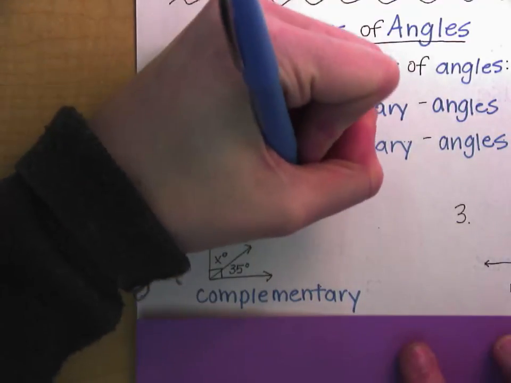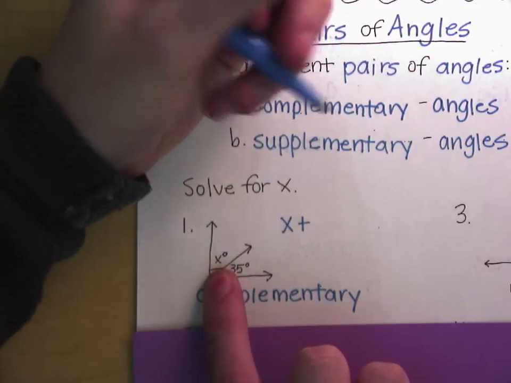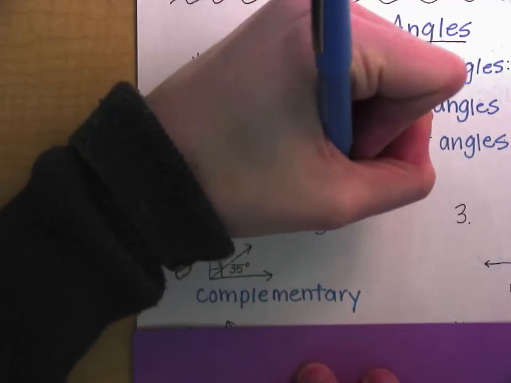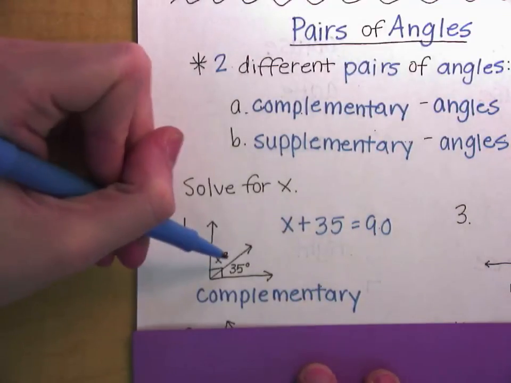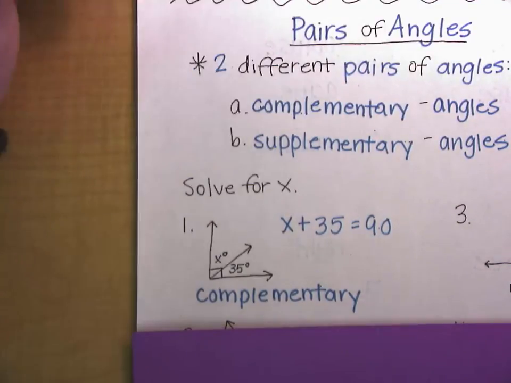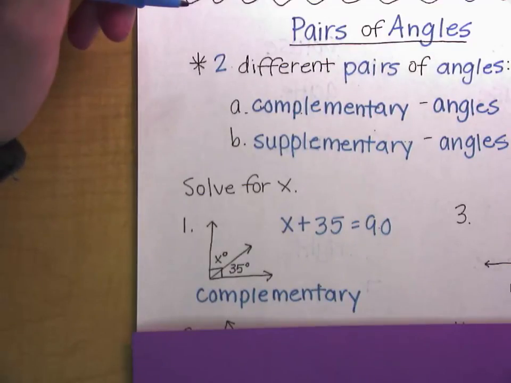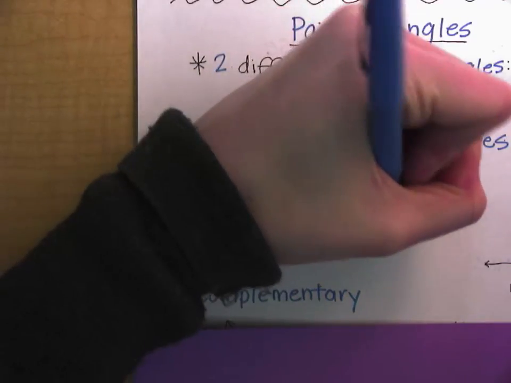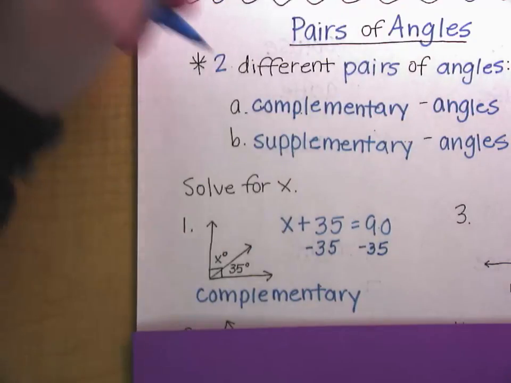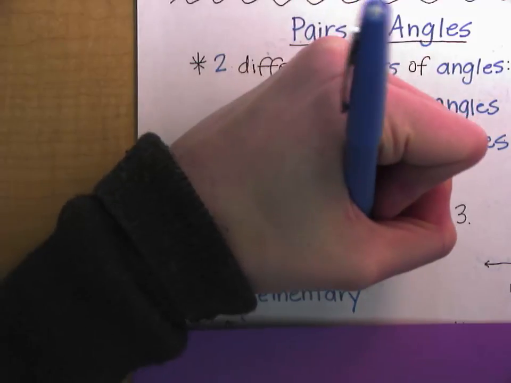So if I want to solve for that missing angle, I would set it up as this angle plus this angle is going to equal 90. How would we solve for x? 90 minus 35. We subtract 35 on both sides. And when we do that, what do we get?